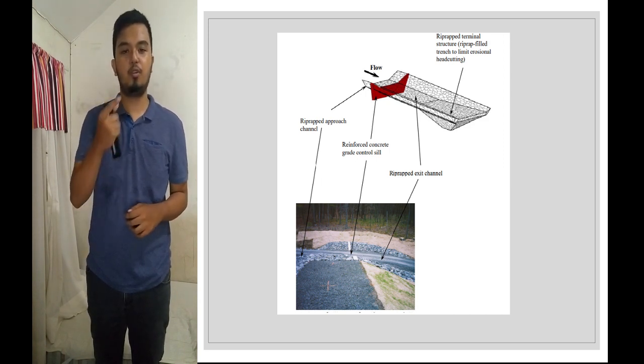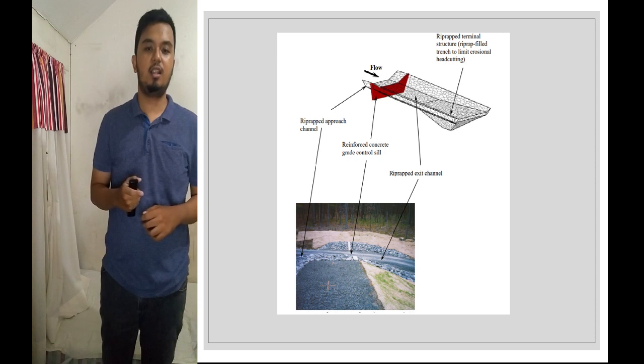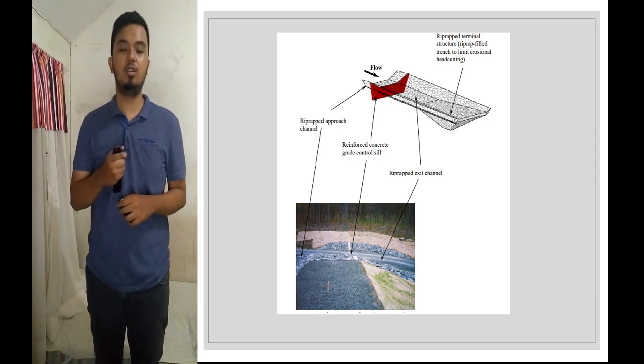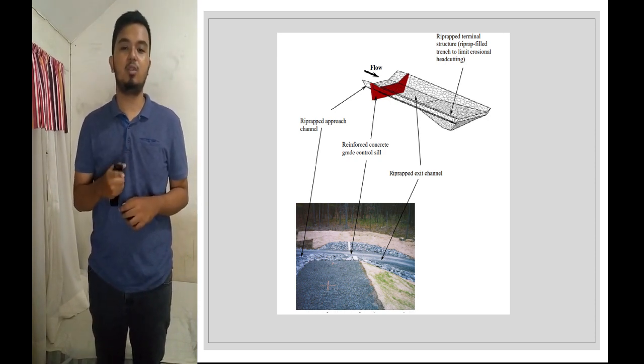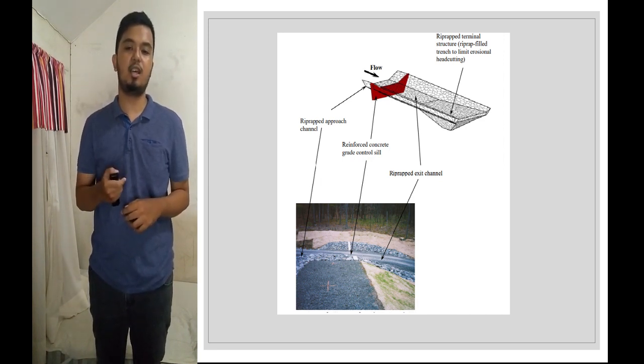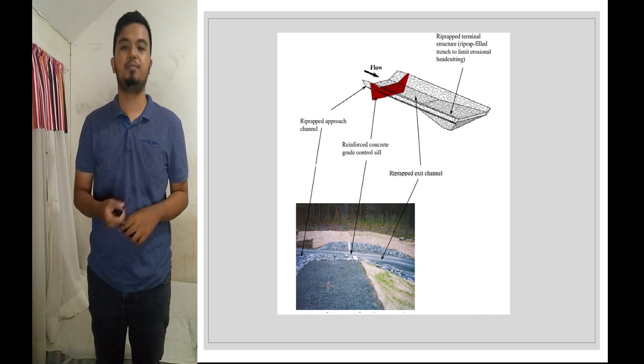The flow of water goes through the riprap approach channel, reinforced concrete grade control, and riprap exit channel. This kind of spillway or channel can be used as an emergency spillway.